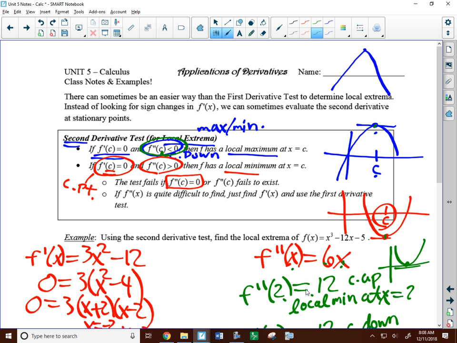So I should say monotonicity and concavity practice. Let's work on that for a few minutes. I'll be around to help out as well if you need it.